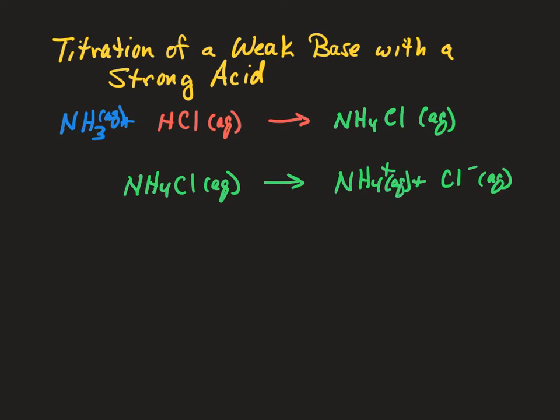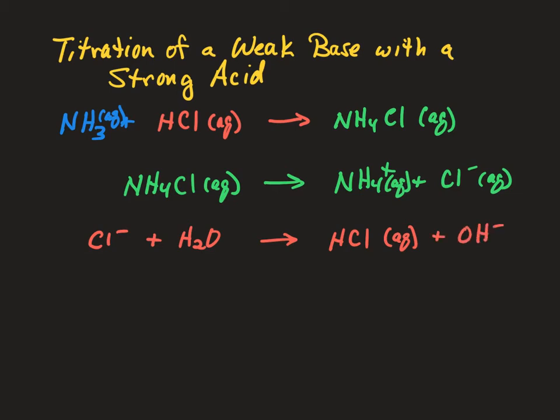Right? And so then we have to assess the impact of each of those ions on our solution. If we take chloride ions and have them interact with water, the chloride ions, being negative, would take the positive part of the water. That would make HCl, aqueous, plus hydroxide ions.